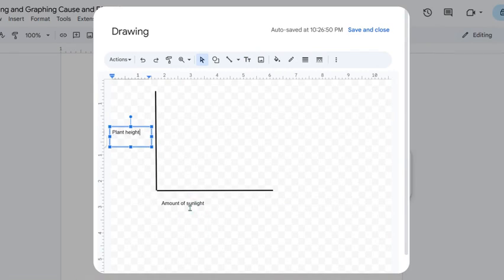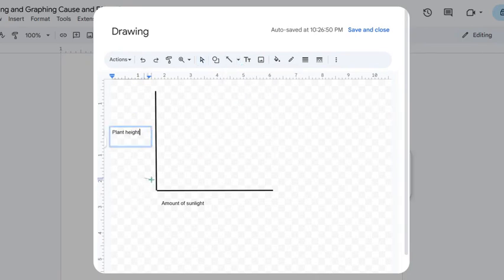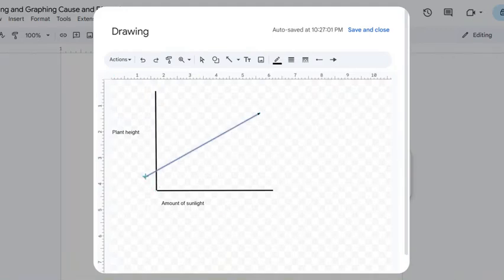And we say that if the amount of sunlight goes up, the height of your plant should go up. We'll make this a little bit thicker so you can see. That'll work.